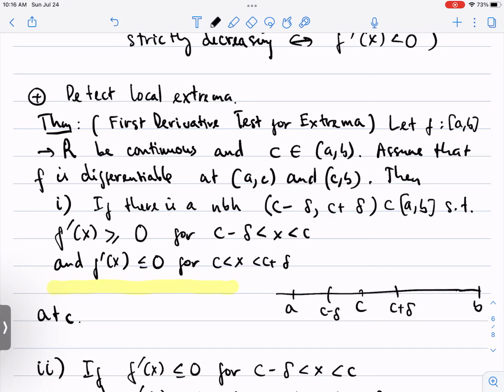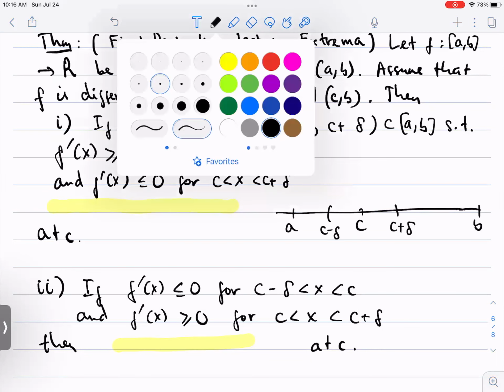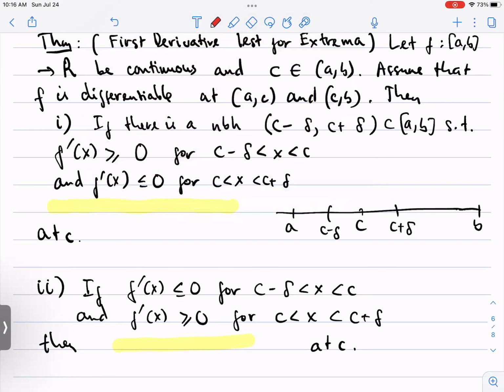Then, if there is a neighborhood c minus delta to c plus delta within the interval from a to b, such that f prime of x is greater than or equal to 0 for x between c minus delta and c, that corresponds to this part of the neighborhood. In this part, we have f prime greater than or equal to 0.